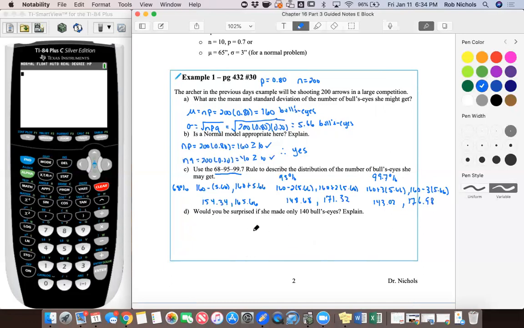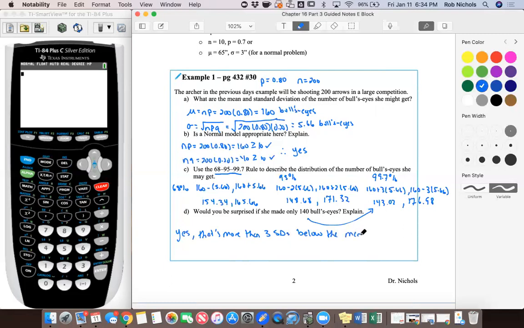And D, would I be surprised if she only made 140 bullseyes? Well, look at that. Yes, I would be, because it's 3 standard deviations below the mean.